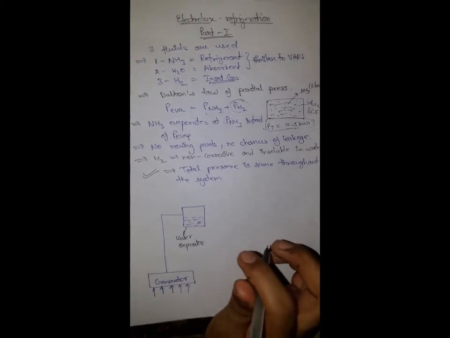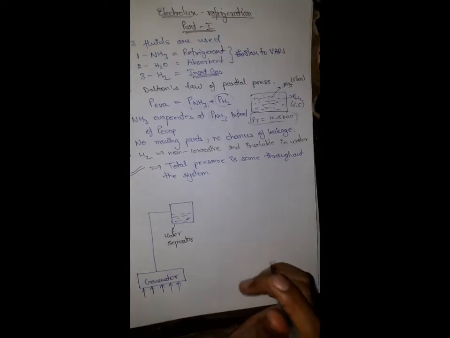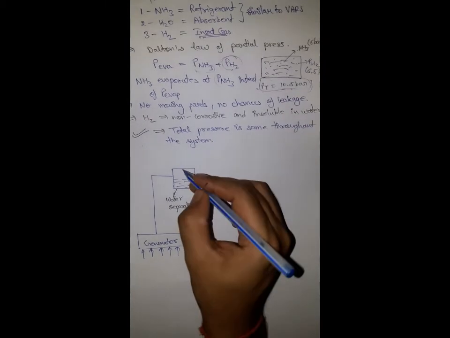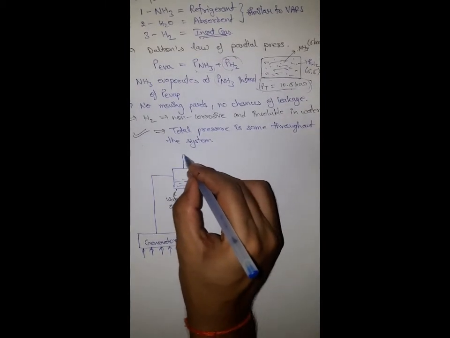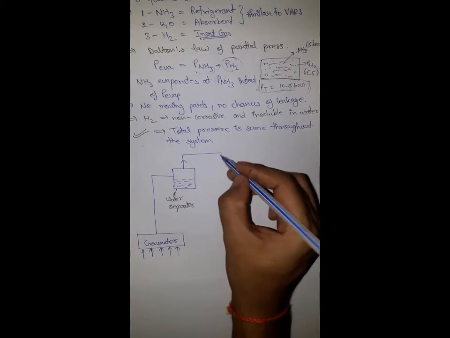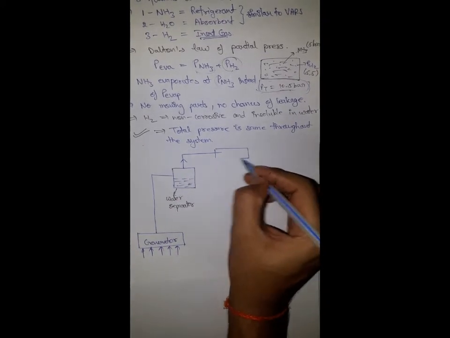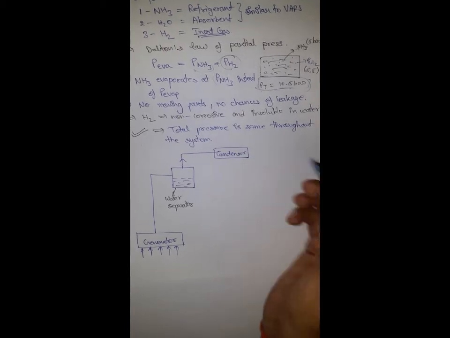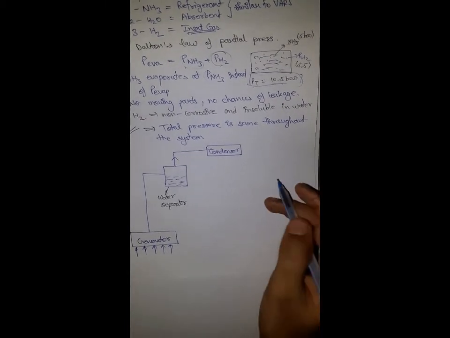Now after this water separator, it goes to the condenser, because now the vapors are in pure form. So let us say here we are having the condenser. After the condenser, it goes to the evaporator.